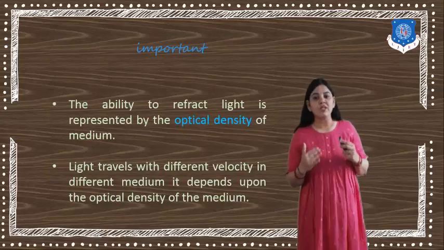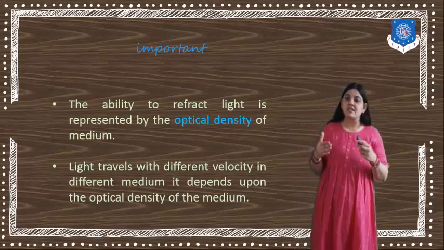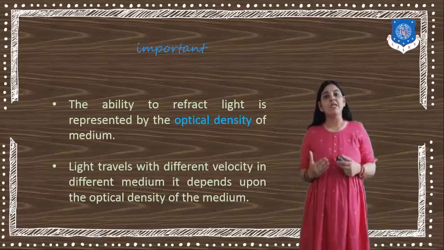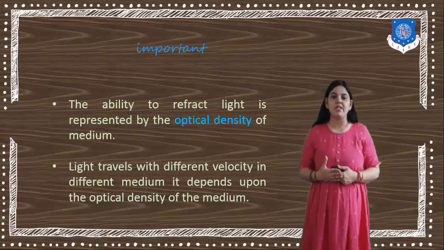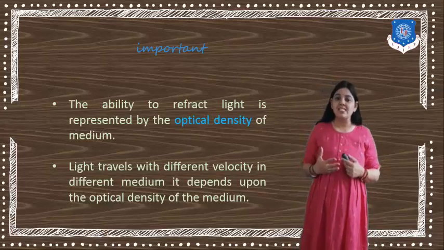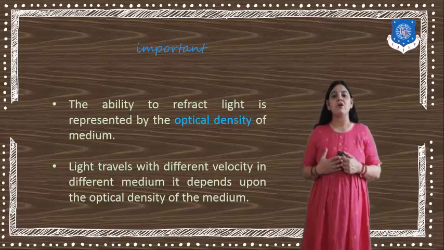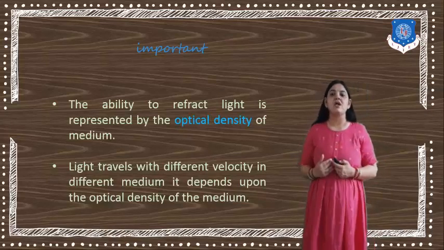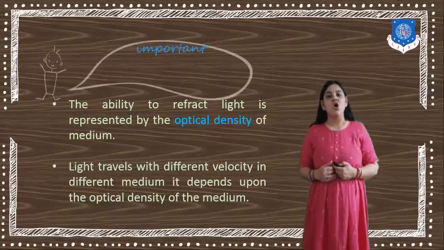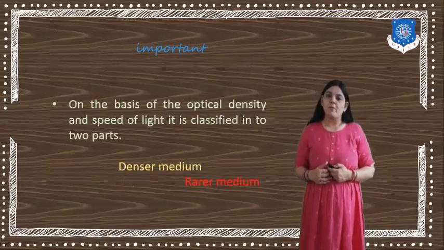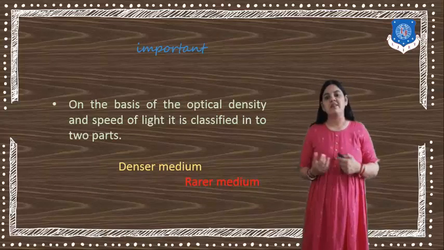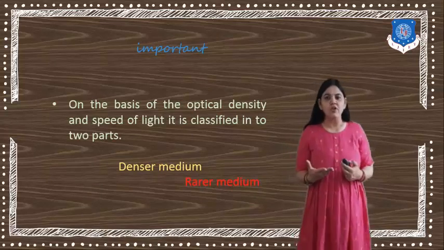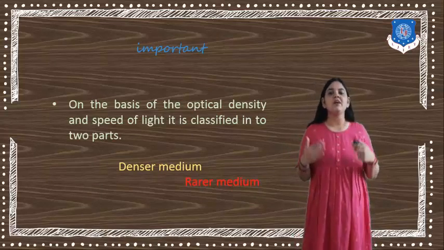The ability of refracted light is represented by the optical density of the medium. Light travels with different velocities in different media, depending on the optical density of the medium, so optical density plays a big role in the speed of light.